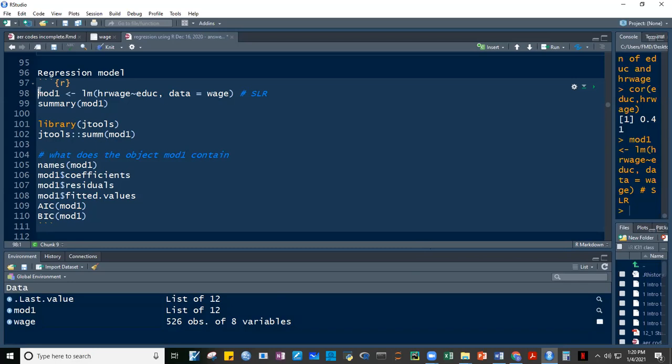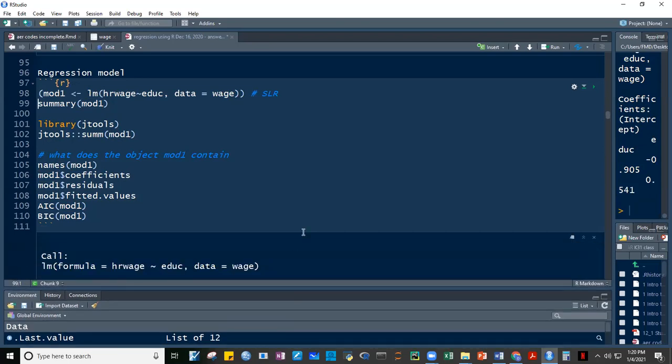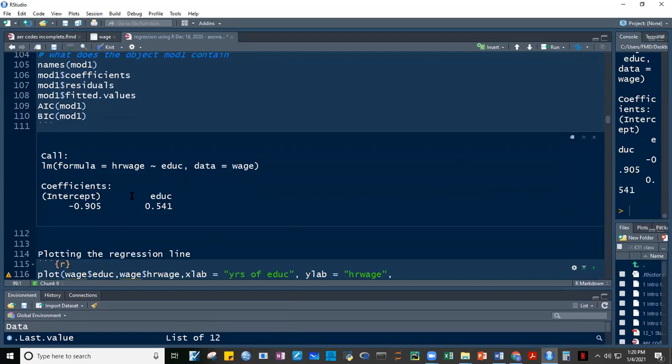Okay, but when we put here the open and close parentheses, pag ni-run natin yan guys, automatically lalabas yung initial output. So it's telling us that for this model, when we're regressing hourly wage on education, our intercept is -0.9 and our slope for education is 0.541.